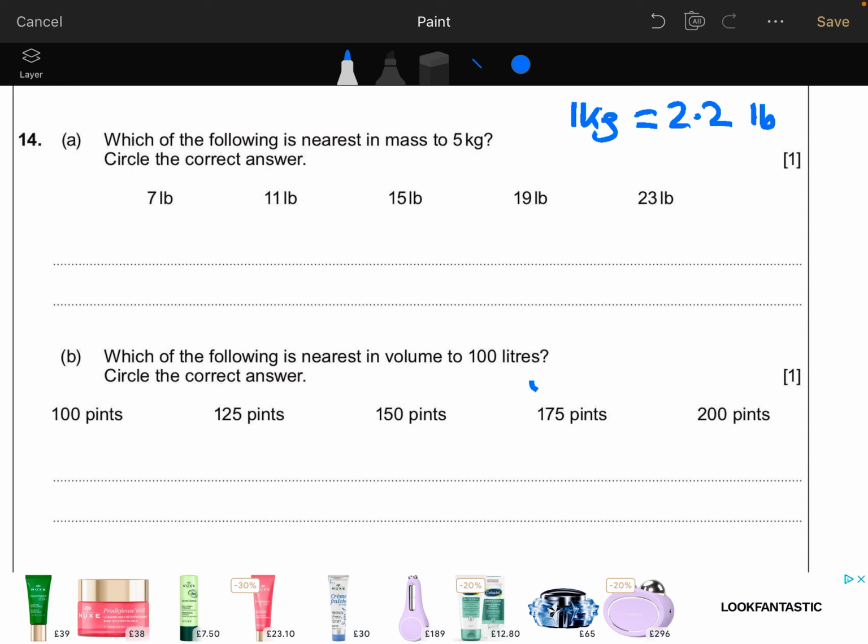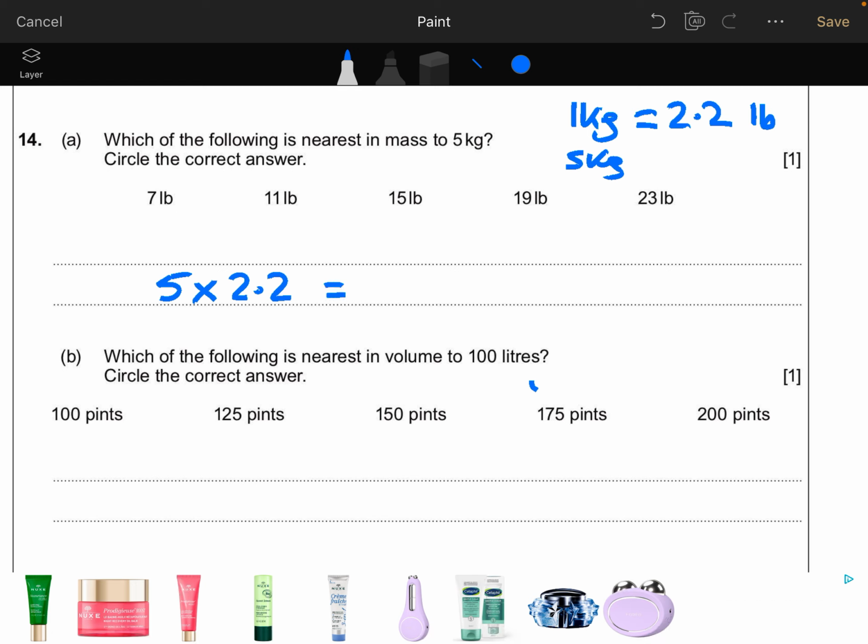Okay, so if we want 5 kilograms it will be 5 times 2.2. Well, 10 times 2.2 is 22, and half of that will be 11. So it's 11 pounds. In fact 11 pounds is one of the answers given, so that's the conversion that we would put down.